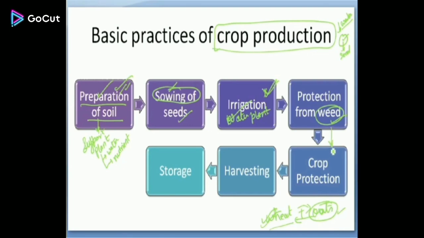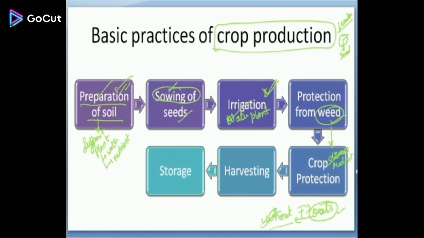Next we move on to crop protection. Now once we have removed the weed, is it the only thing that will harm our crop? No. There are different other things which can harm our crop, which are diseases. There can be rodents or animals that are feeding on the crops. So suppose we have a crop of, say again, wheat, and we find that there are mice feeding on the plants.